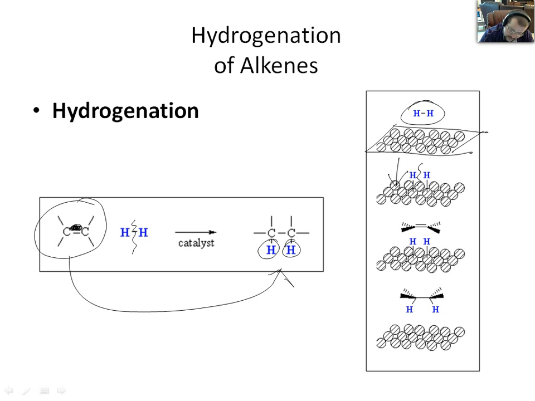When it does so, that can facilitate the splitting of that H2 into individual H's. The alkene comes in from above, and it can pick up those two H's and form the product that we got in our hydrogenation reaction.